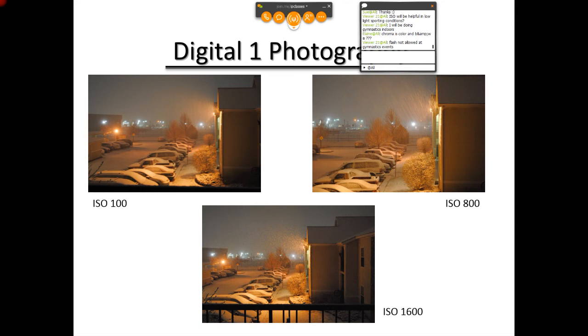And again, depending on the camera that you have, look at the reviews and try to figure out what would be an acceptable level of noise in that kind of a condition. Because it is going to vary from camera to camera, and it's going to vary from the quality of camera.